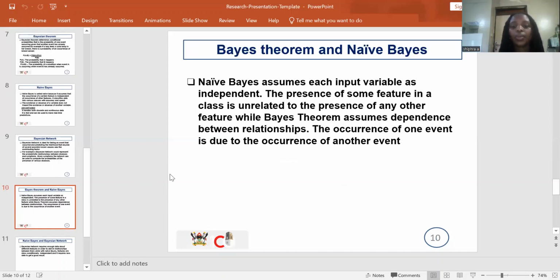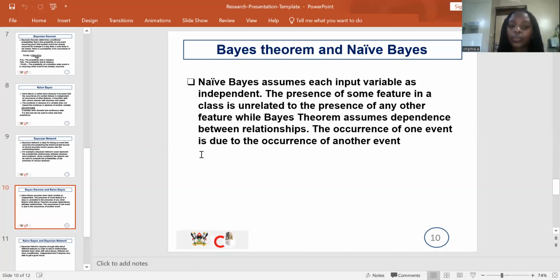Now I'm talking about the differences between these theorems. We have Bayes' theorem and Naive Bayes. Naive Bayes, we have already talked about it. It assumes each input is an independent variable. The presence of one feature in a class is unrelated to the presence of any other feature. While Bayes' theorem assumes dependence.